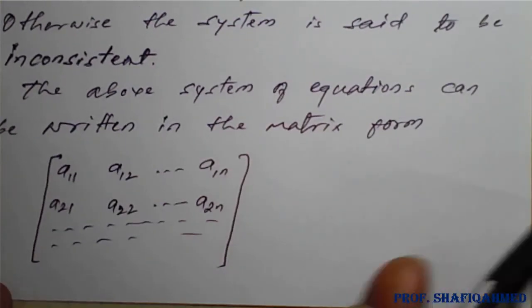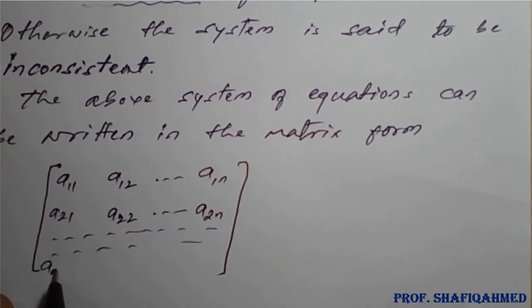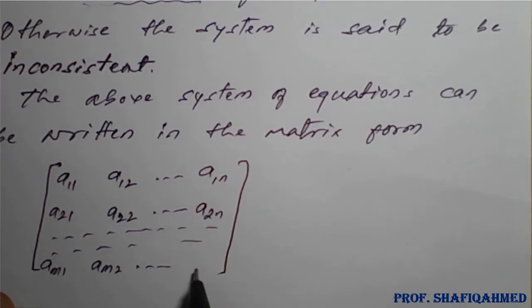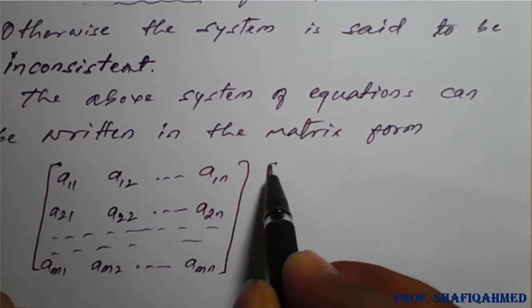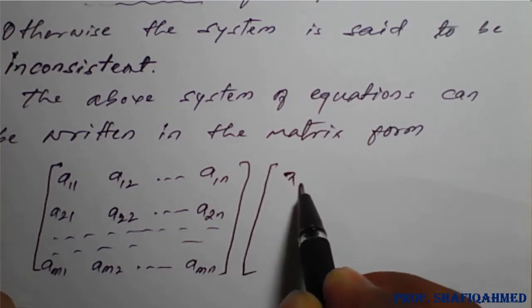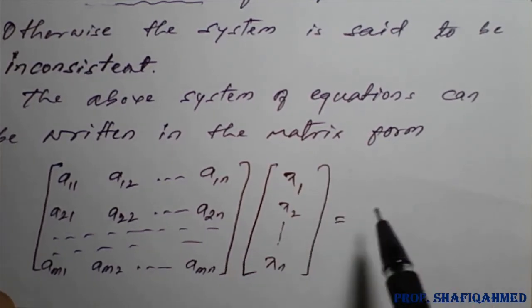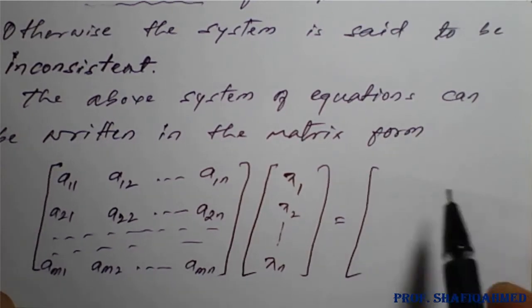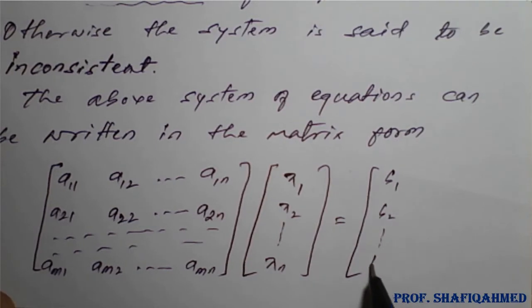This is multiplied by the column of variables x1, x2, so on xn, and equals the column of constants b1, b2, so on bm.